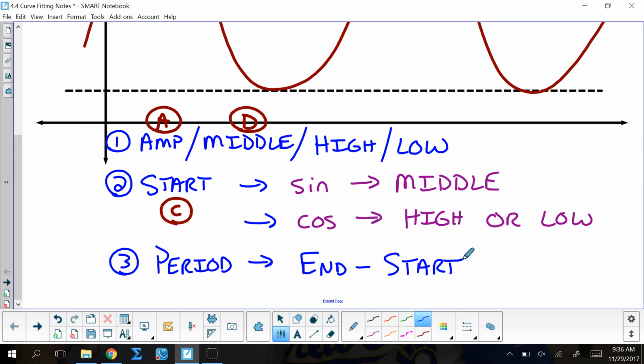Okay? Now, end minus start, right? I know the start, because we found it in number 2, but how do I know where the end is? Well, I don't know the period.